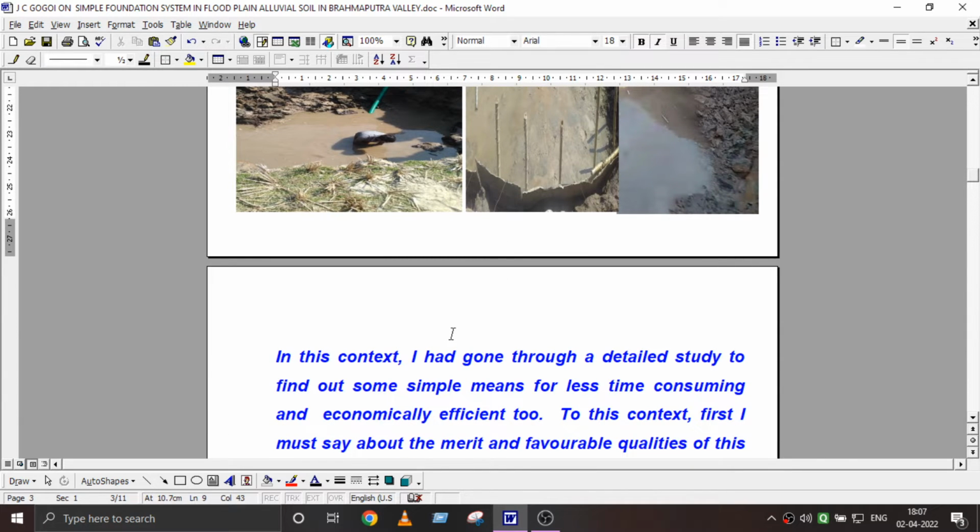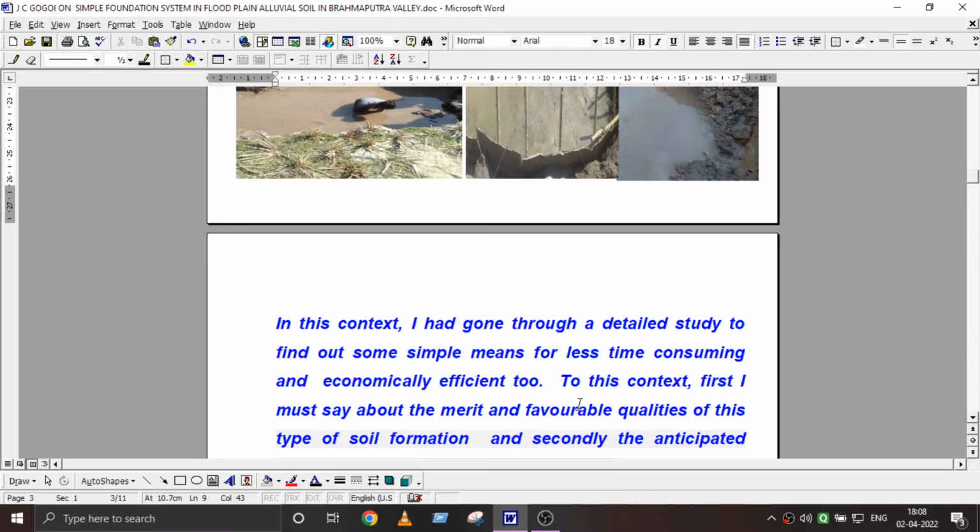In this context, I thought, why are we not capable of giving a good solution for all general applications at North Bank? Yes, if we try, we can. So I went through a detailed study to find out some simple means that are less time consuming and economically efficient too.